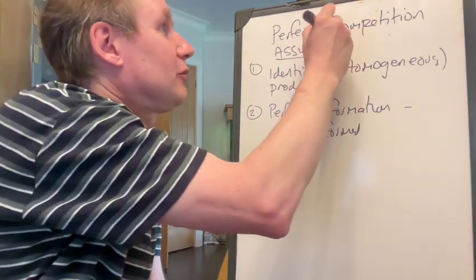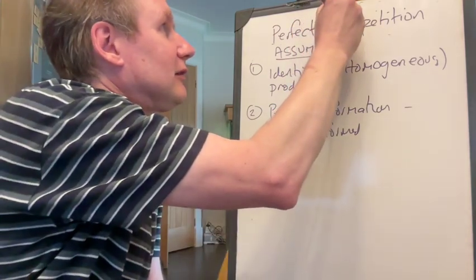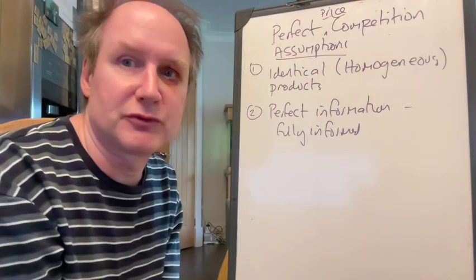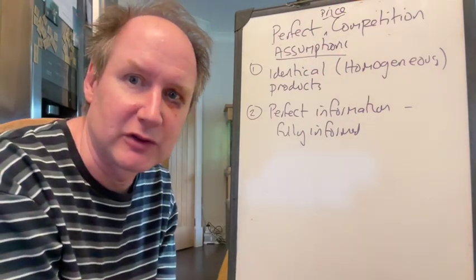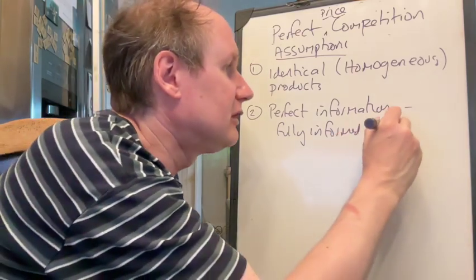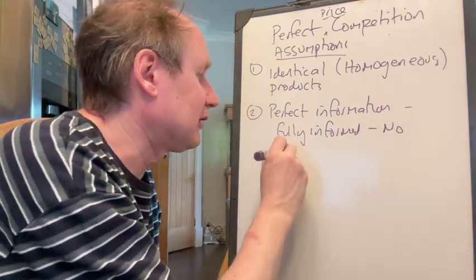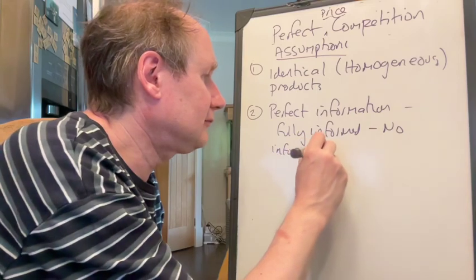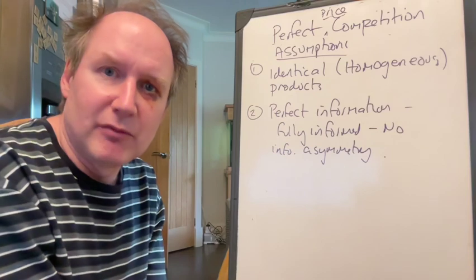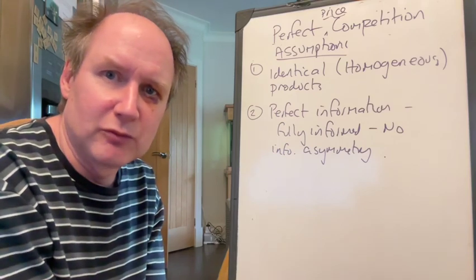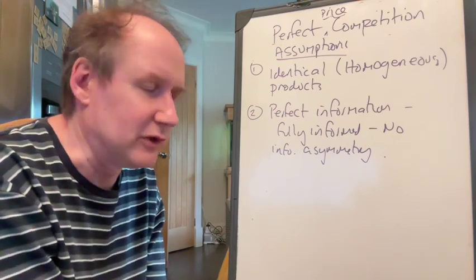It's called perfect competition, but it's perfect in the sense of perfect price competition. So there is no information asymmetry in this market. So why else might I not buy the cheapest? What else might stop me from buying the cheapest?